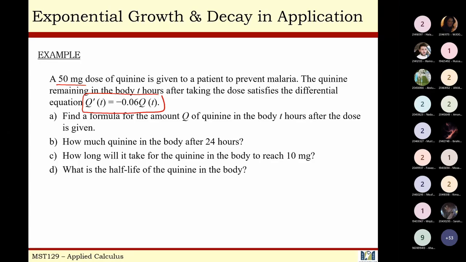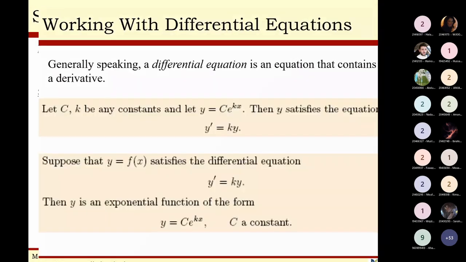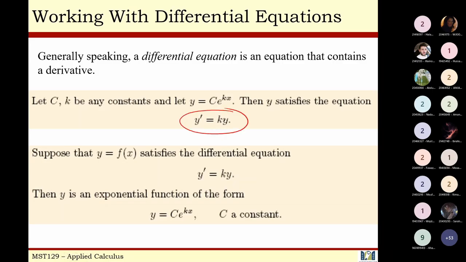For the exponential growth. Okay. Before that, the exponential growth or decay depends on what? Depends on this one. This is the differential equation for growth or decay, where the k is the constant and the C is the initial value.